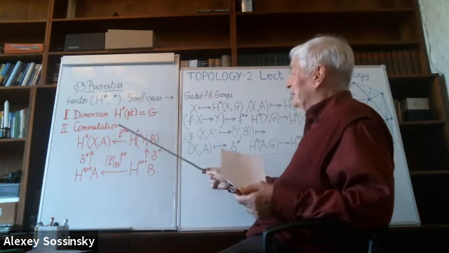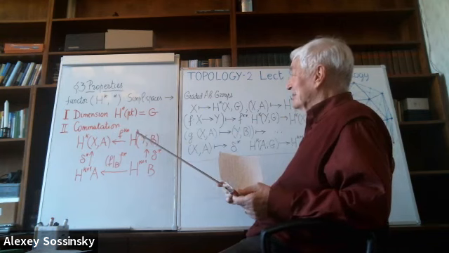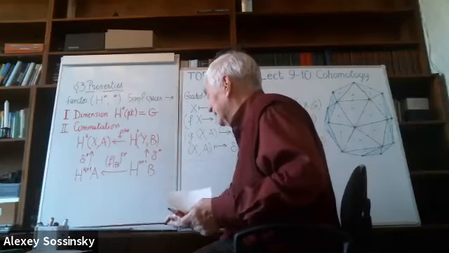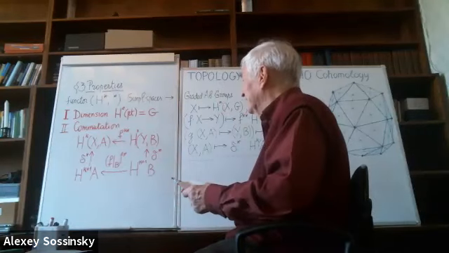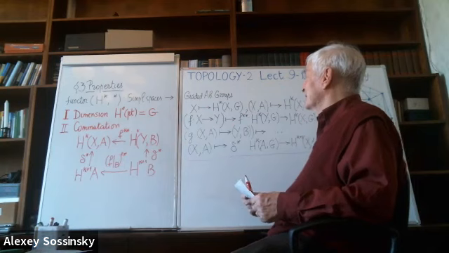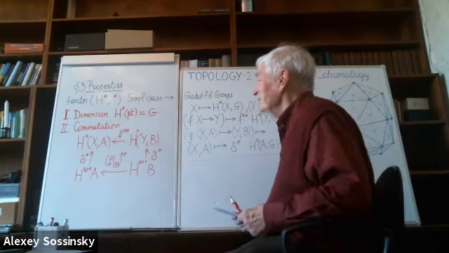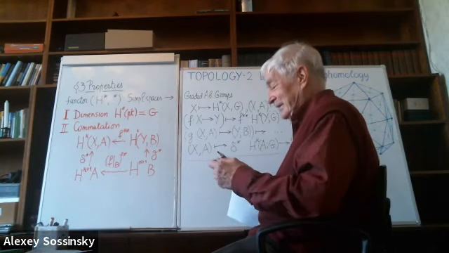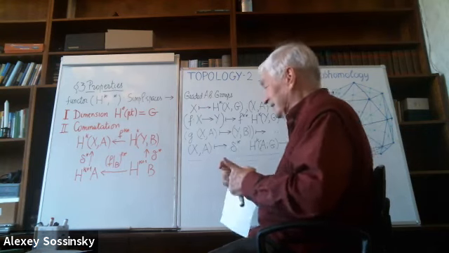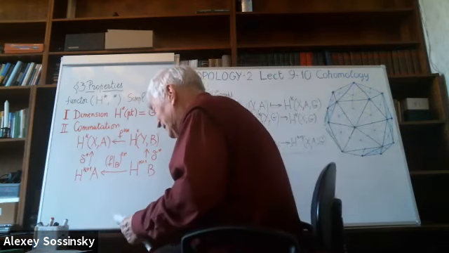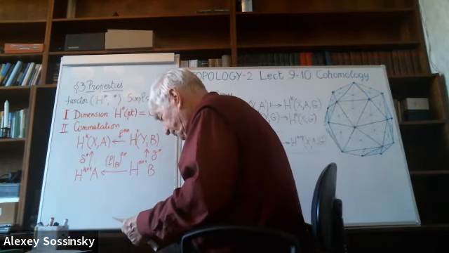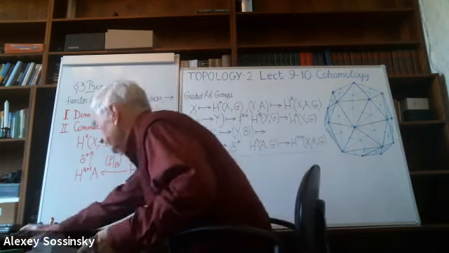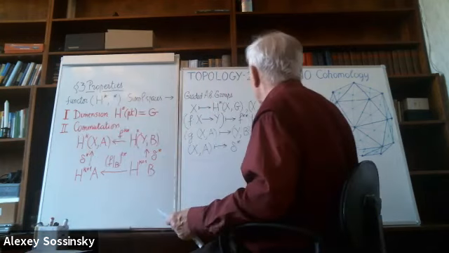So the formula for commutation in the corresponding page of the booklet is completely wrong. And I did not notice that until I started preparing for this lecture. And so you don't have that misprint in the list of misprints in the booklet, which I handed out. Okay, so let's go on. So that's two properties.